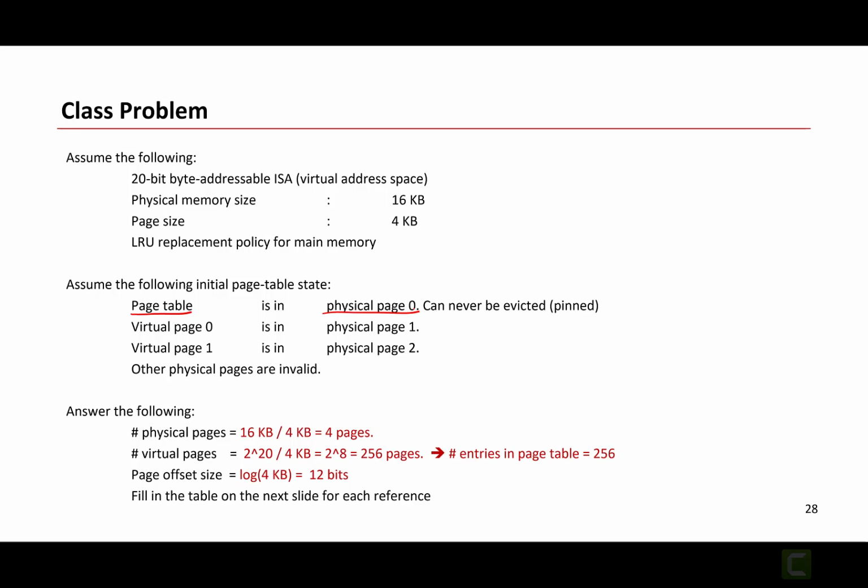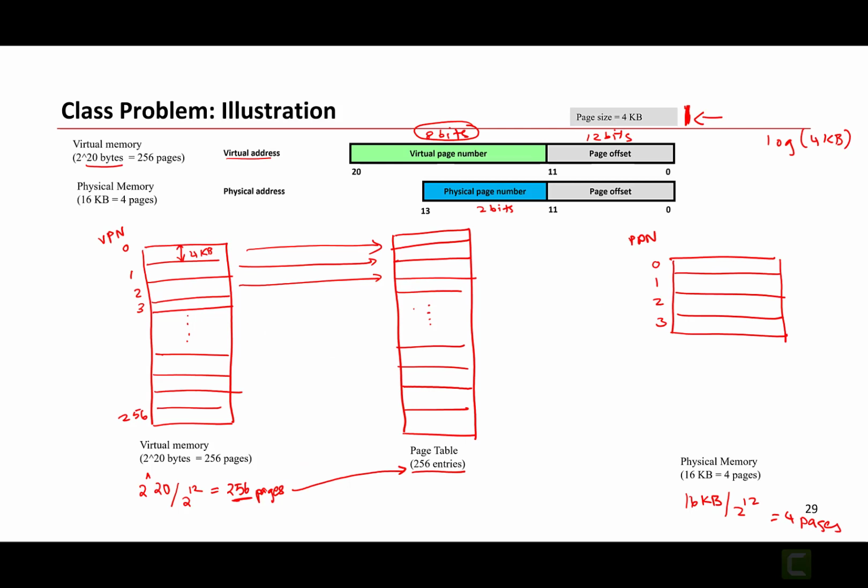So this is the data structure that the operating system has, and the operating system has decided to store the page table itself in the physical memory. So the page table that is stored in the physical page number 0 is pinned. What that means is it is not going to get replaced ever.